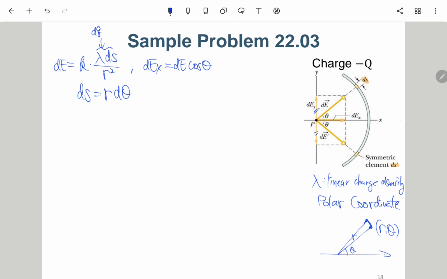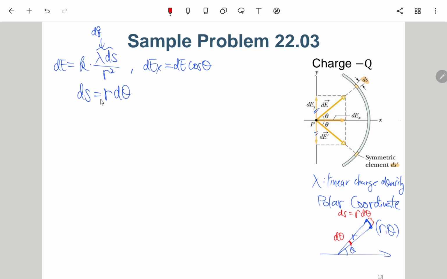Suppose this one is d theta. So the length of this arc will be r times d theta, which is actually ds. So ds will be r times d theta using the polar coordinate.